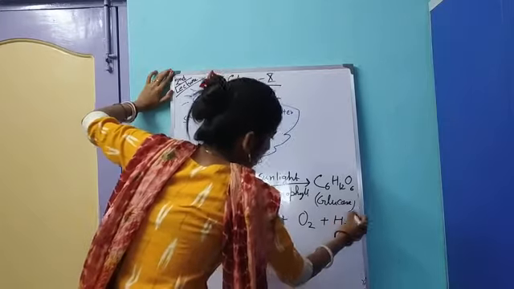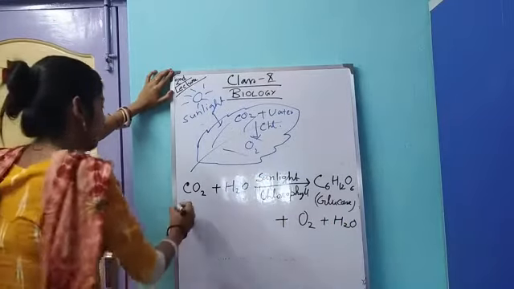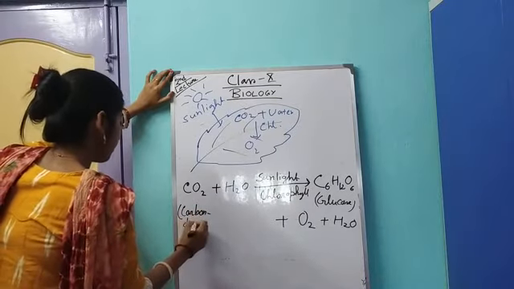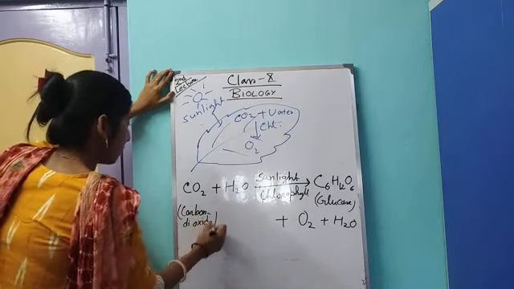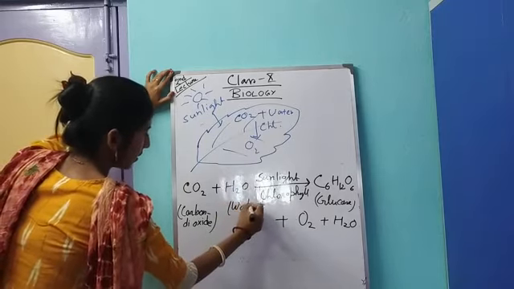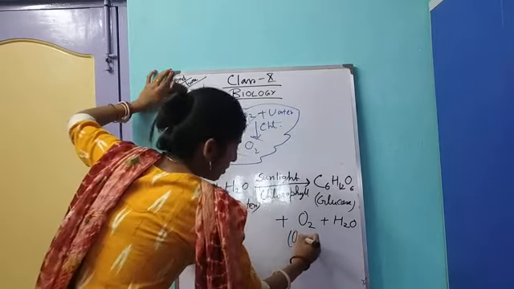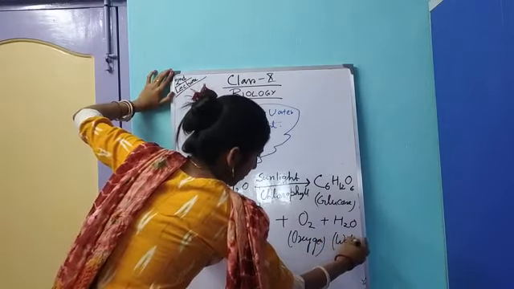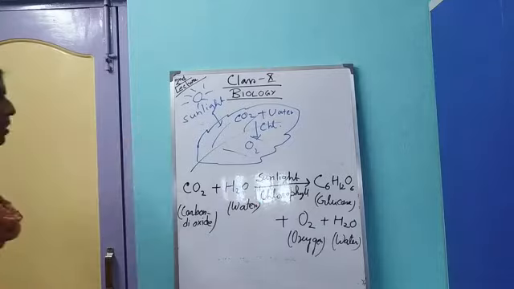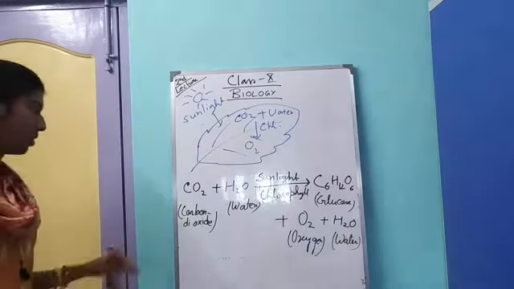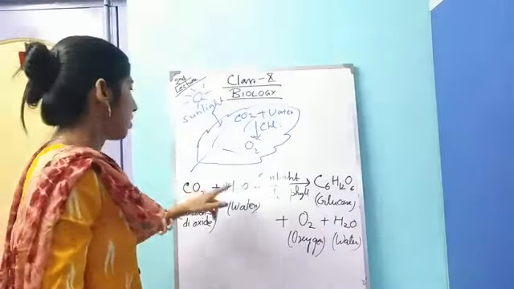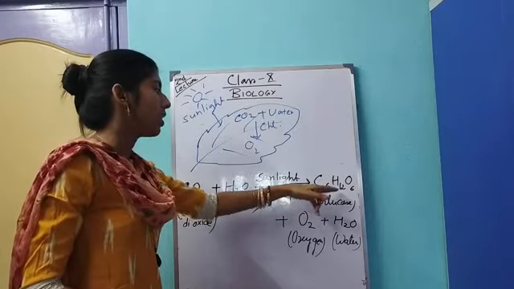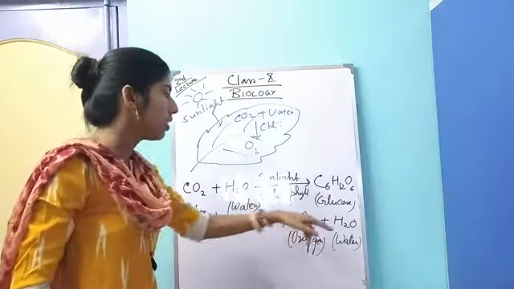Some amount of H2O will be released. So we write carbon dioxide, water, and on the right hand side C6H12O6, glucose, oxygen and water. Okay, so this is the main equation of photosynthesis.